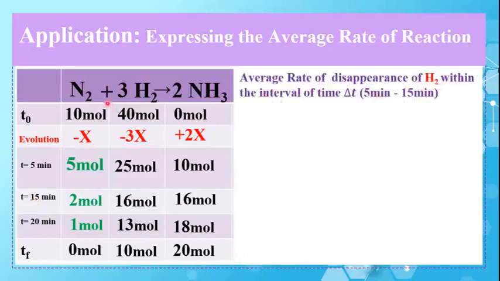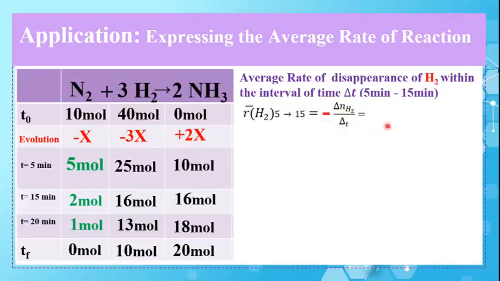First, H2 is a reactant, so the average rate of disappearance of H2 in the interval of time is equal to minus delta N of H2 over delta T. Minus, since H2 is a reactant, so delta N will be negative. To have a positive value for the rate, we put minus here.